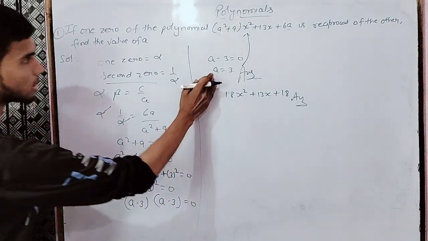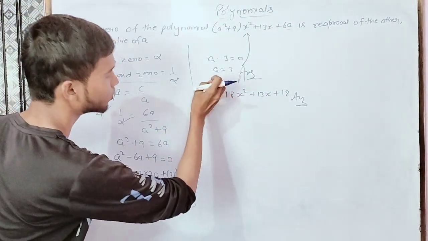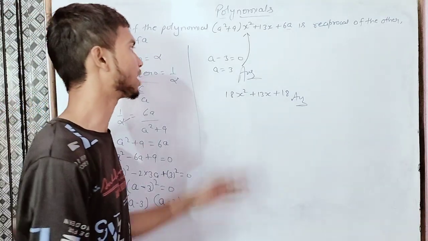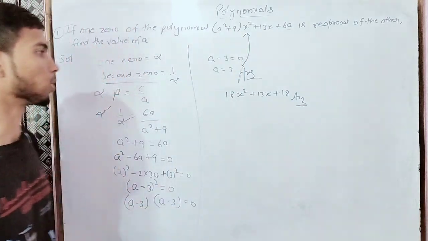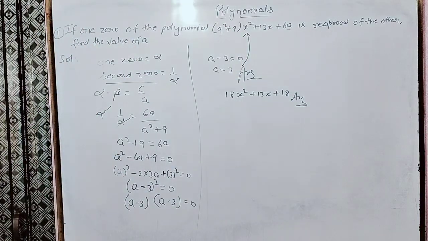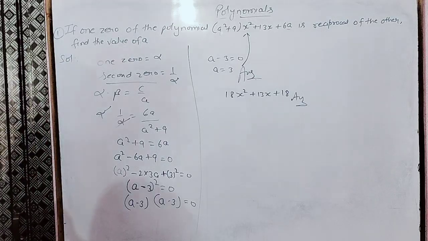So answer is this, and we have substituted value of a in this polynomial. Finally, we have found. Next question.